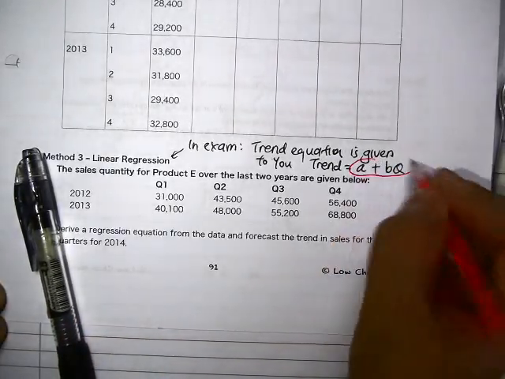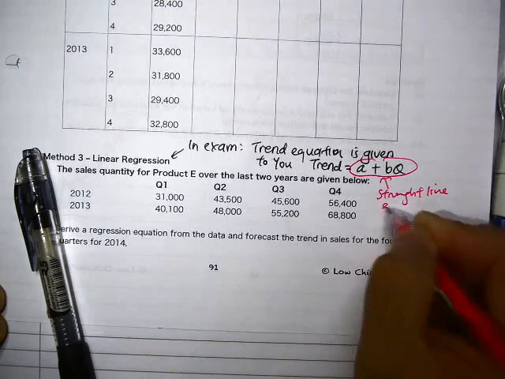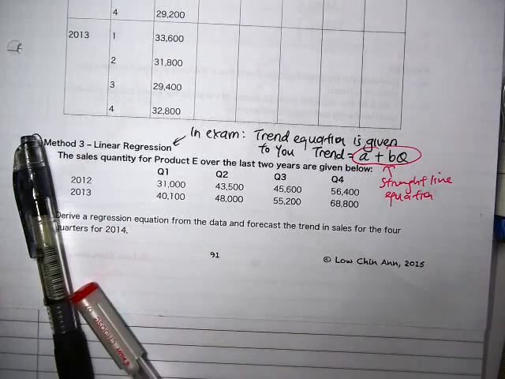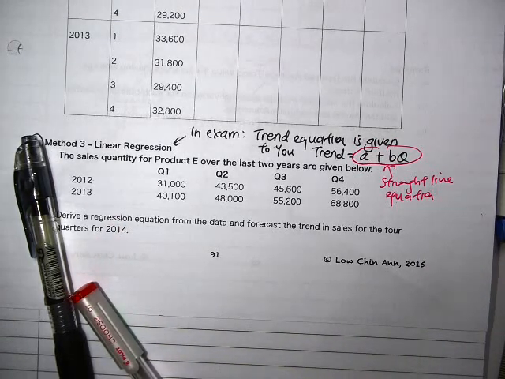What is this? It's a straight line equation. And you know, in a straight line equation, if you remember back last time when you learned cost behavior, you can use the high-low method. So take the highest, lowest point, draw a straight line.